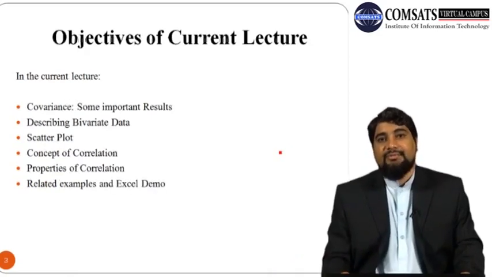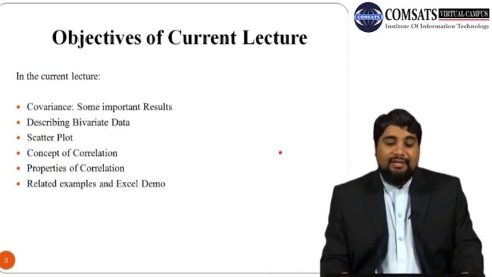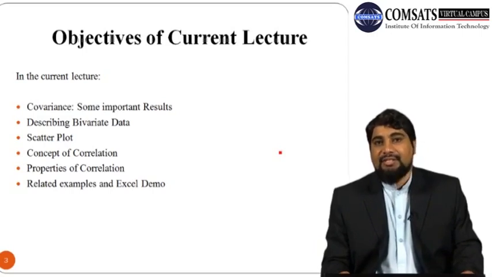So let us discuss the objectives of the current lecture. In this lecture, first we will explain some important results regarding covariance, and then we will calculate covariance using the MS Excel software package.